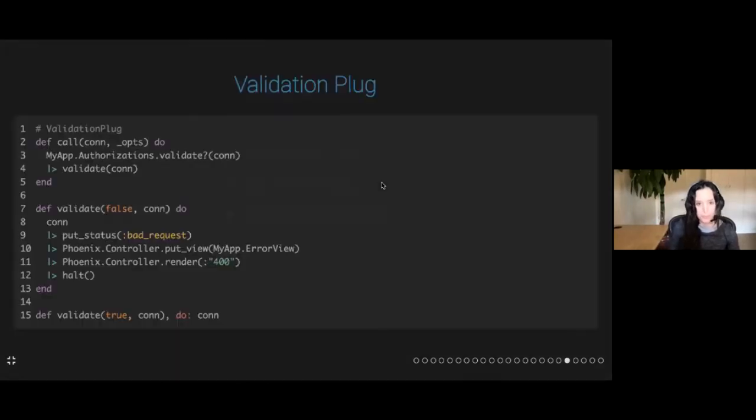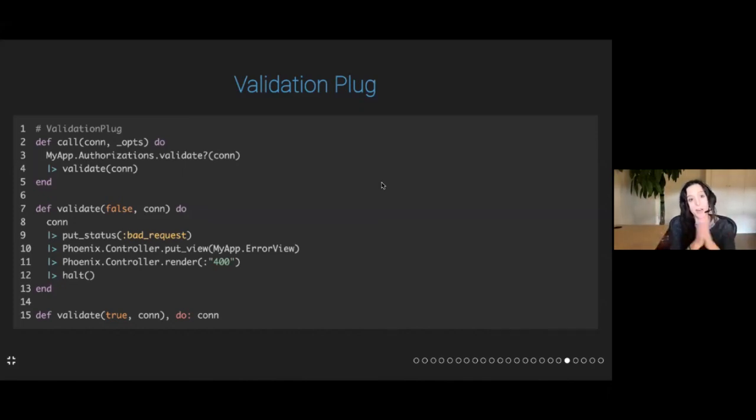So basically, we can do the same exact thing with validation. We do the same thing we did with authorizations. It's a little bit more convoluted because, again, parameters are something that are kind of defined by your application. It's similar to feature flags, but a little bit more convoluted. But essentially, you can utilize the same functionality in this plug.